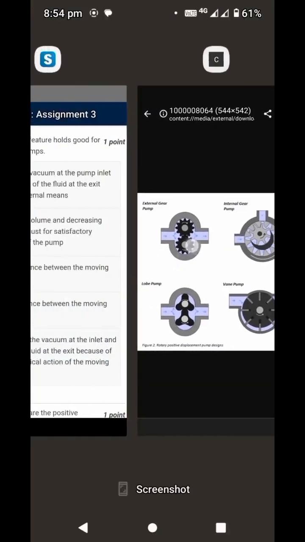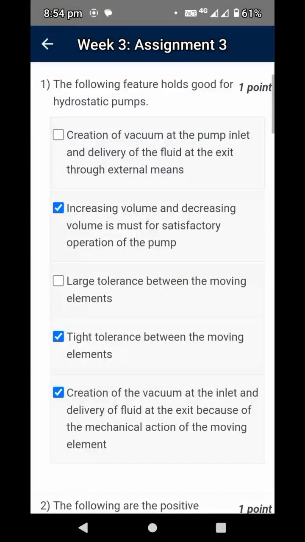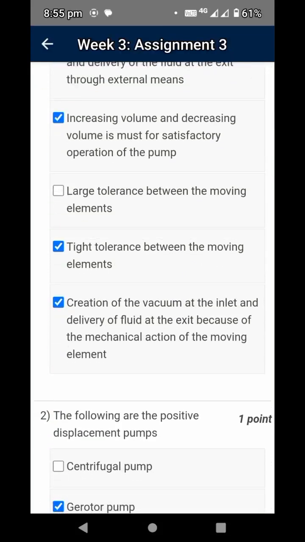So now come to the question. Creation of vacuum at the pump inlet and delivery of the fluid. This point is almost correct, but at the exit through external means, that was a wrong comment. At the exit through external means is not possible in the case of hydrostatic pumps. Now check out the last option, option number 5: creation of the vacuum at the inlet and delivery of the fluid at the exit, because of mechanical action of the moving element.